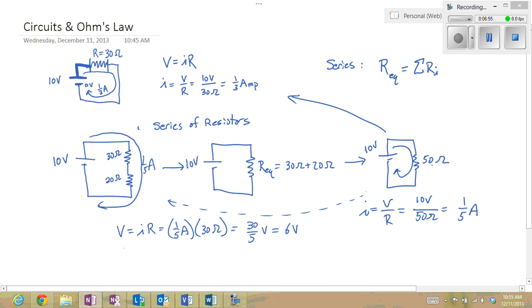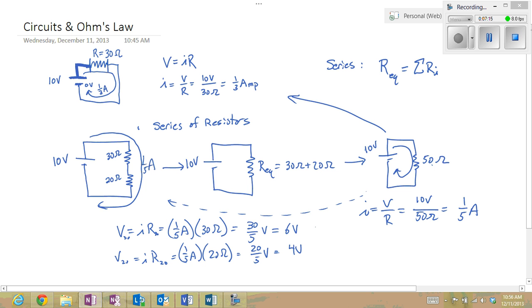We can do the same thing for the 20 ohm resistor, which would be I times R. So that is 1/5 amp times 20 ohms, which would equal 20 divided by 5 volts, which would equal 4 volts.